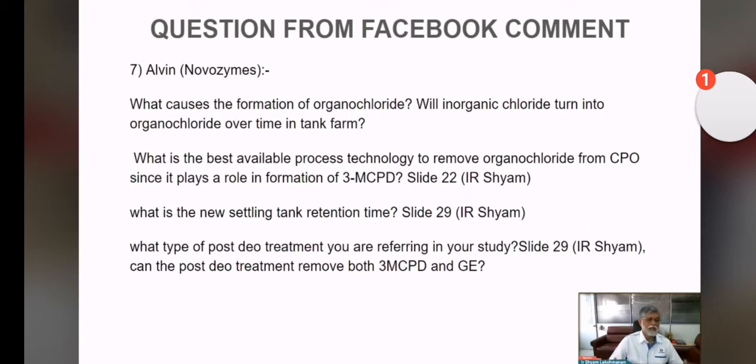So we can keep it within the level specified by MPOB, and in our plant I think we are able to achieve the 2.5 ppm level quite comfortably, even with the incoming organochloride levels in the CPO.